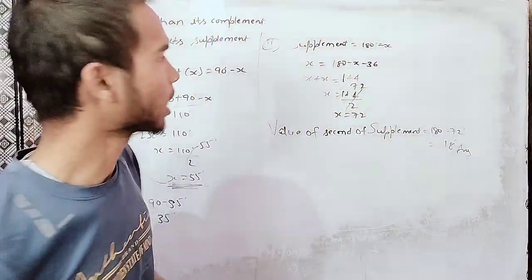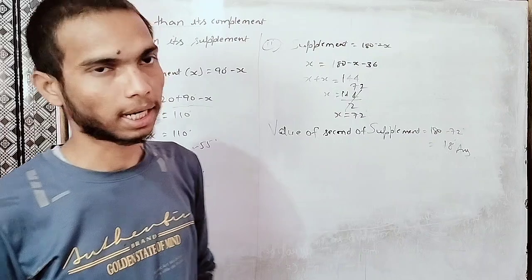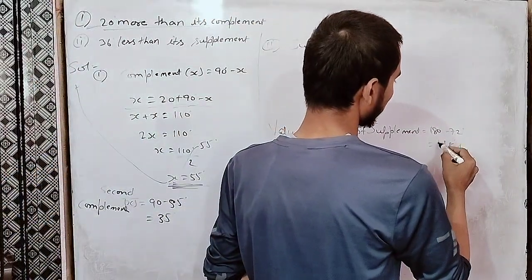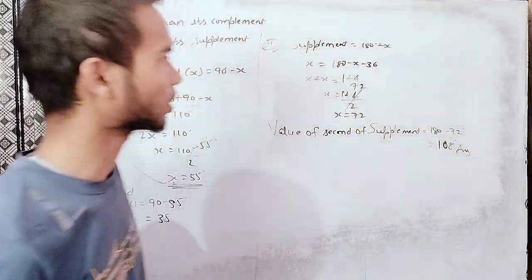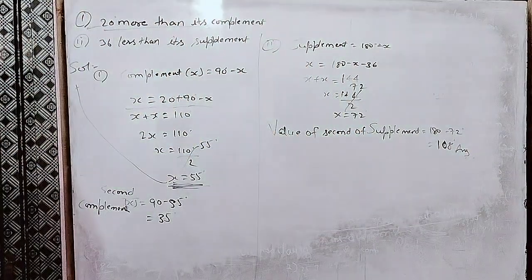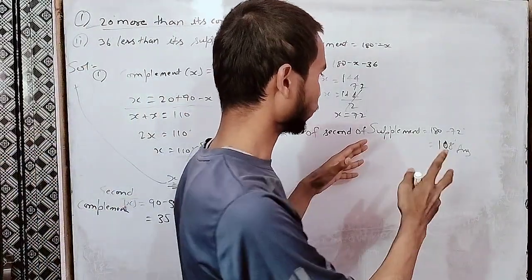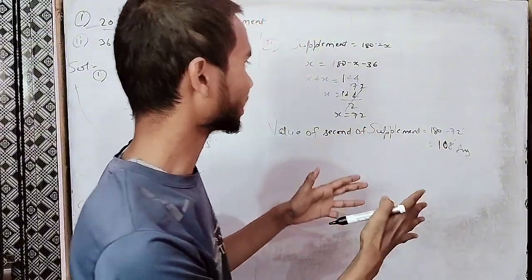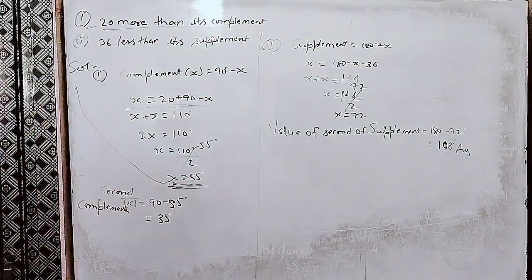So here you can understand that this is the value of the first angle and this is the value of the second angle, 108. Even we can check whether our answer is correct or not. When we add these two angles together, we have 180 degrees, which is a supplement.